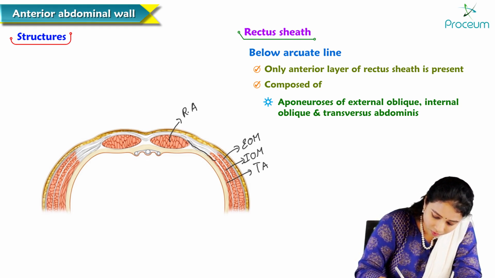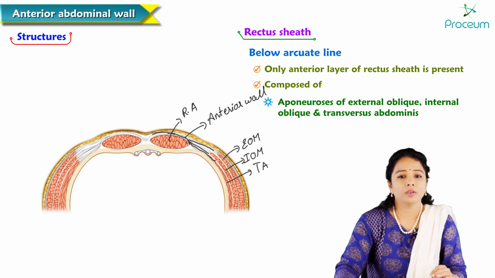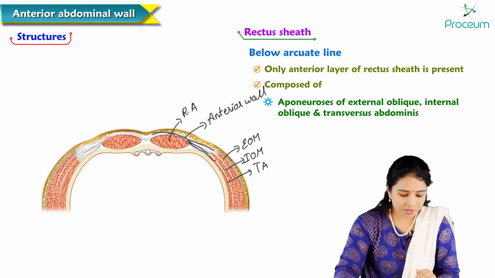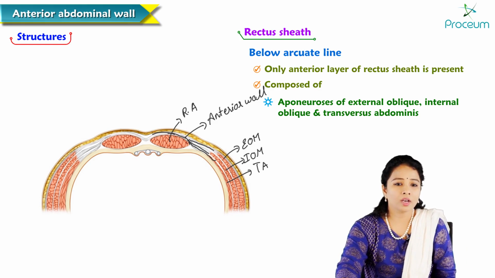The aponeuroses of all three muscles blend to form the anterior wall of the rectus sheath, whereas posteriorly it is deficient. So posteriorly there is no posterior wall below the level of the arcuate line.